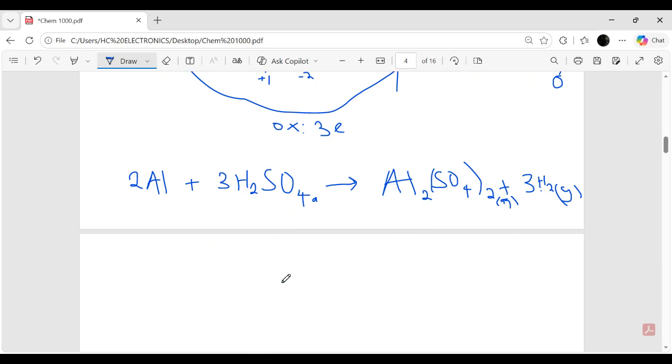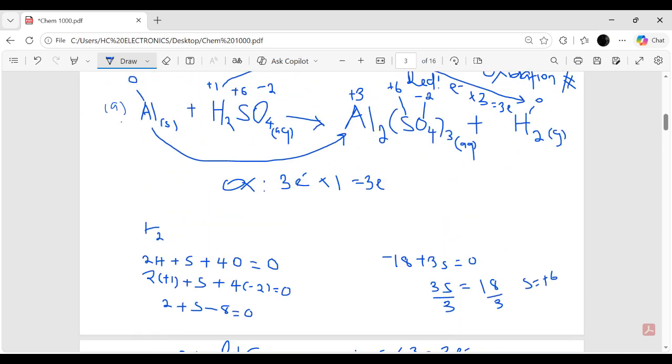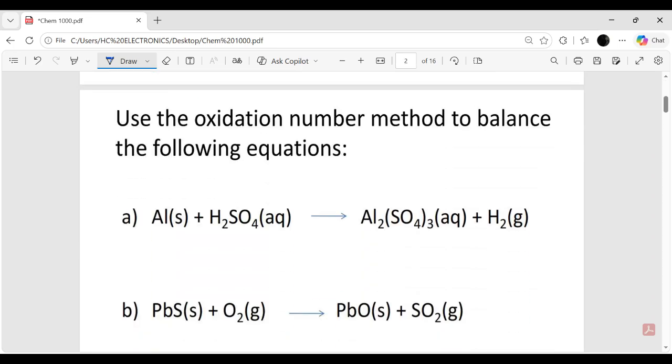So you're able to check that this equation is balanced. So that's using the oxidation number method. Okay, so there's another one here, and you also do the same thing like we did.